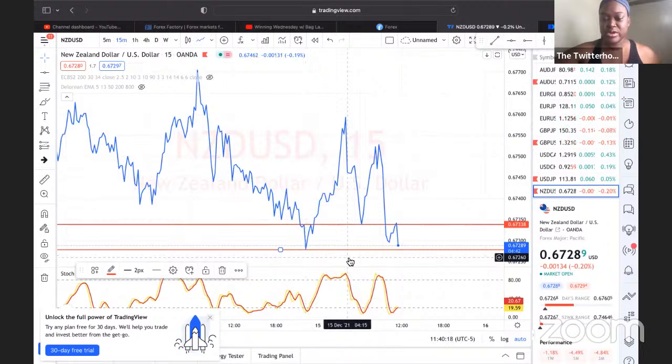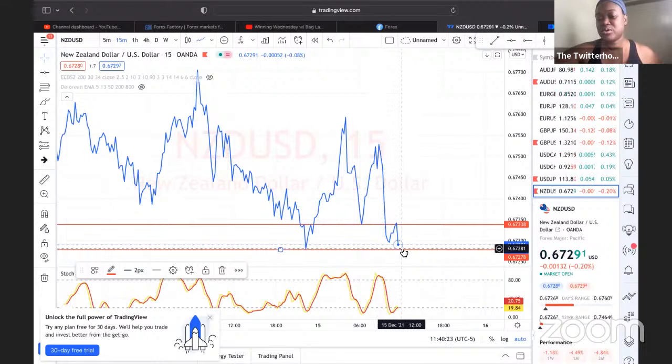We needed to break through this line. Right now, this is support. If it comes here and it goes back up, that's support. We need to break it, and then it would be the ceiling, right?